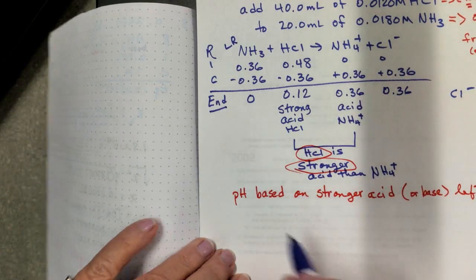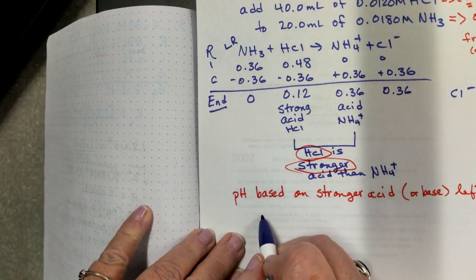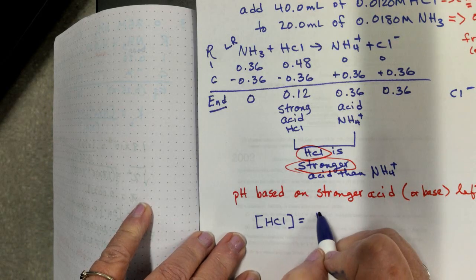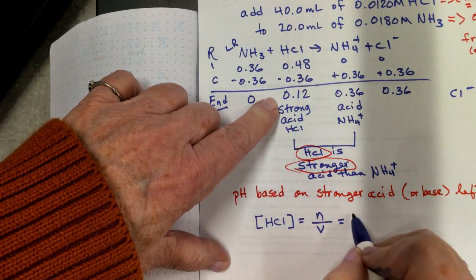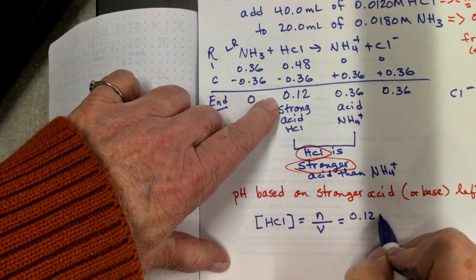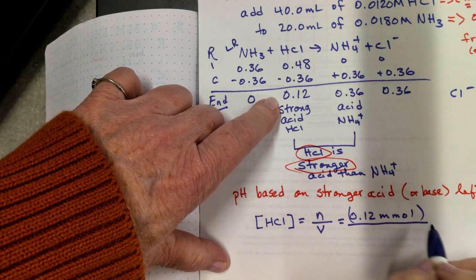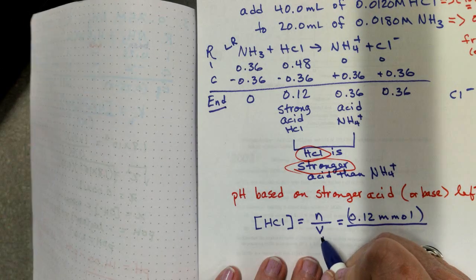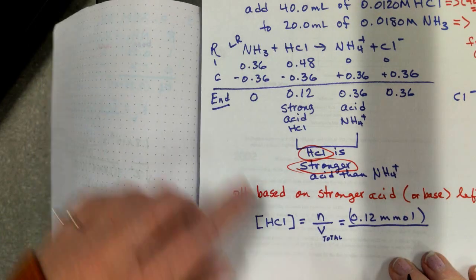So if I'm going to do that, this is no longer an equilibrium. The concentration of HCl then is going to be n over V, which is going to be 0.12 millimoles over what? What's my total volume? What did I add?